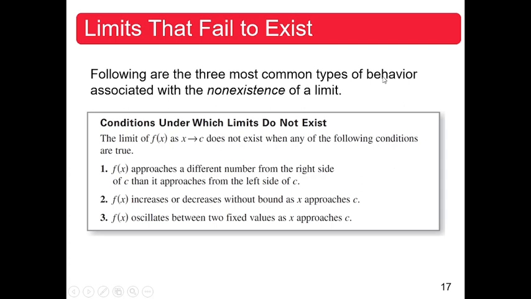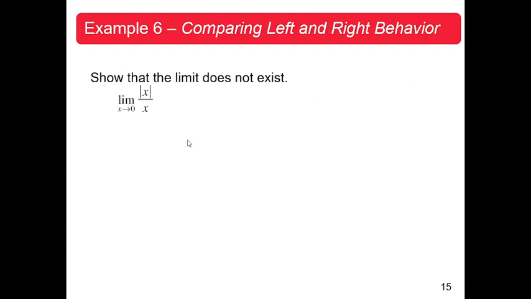From the last example of this condition, let's look at the limitation of the function absolute value of x over x as x approaches 0. When it becomes 0, this is 0 over 0, and 0 over 0 is undefined. Please take note of that, undefined.